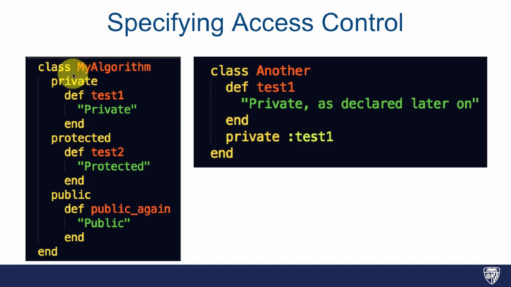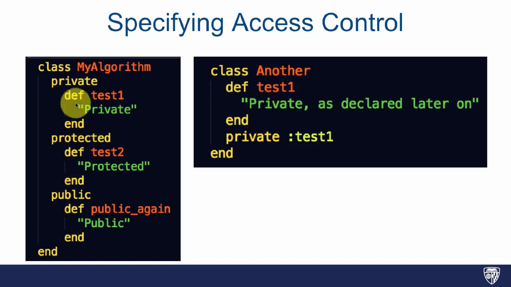We have a class on the left that starts out as private. So this method test1 and any other method defined here will be private until protected. And this method over here and all the other methods will be protected. And then you have public, which says that any methods defined here are going to be public. You obviously need public here because otherwise they will be protected.